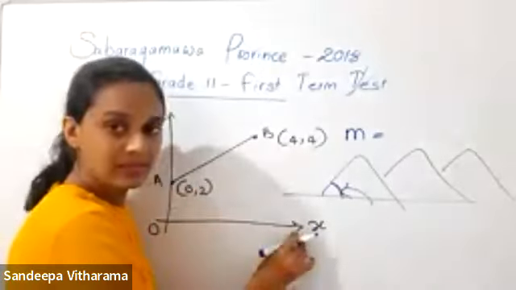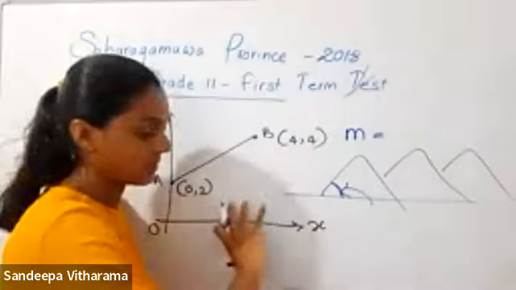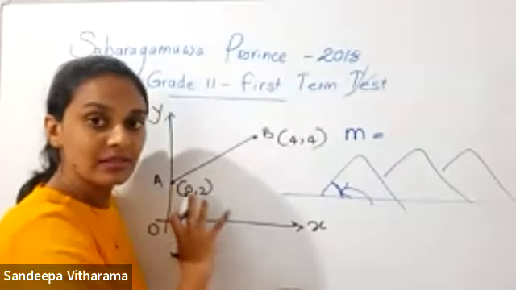Think of the x axis, which is one of the main axes in the Cartesian plane.